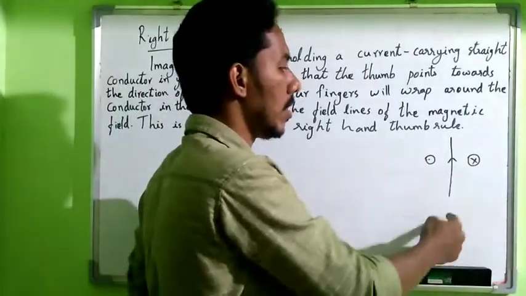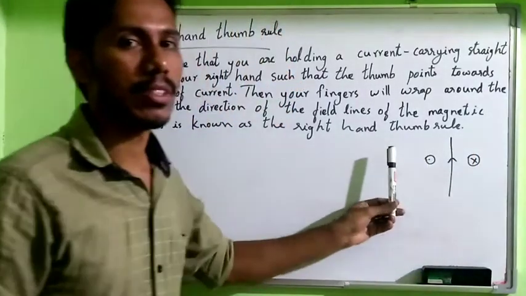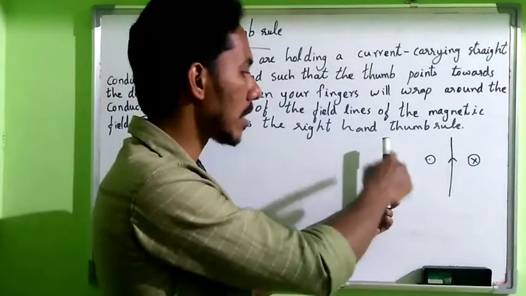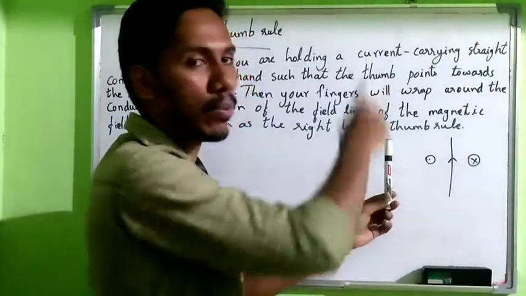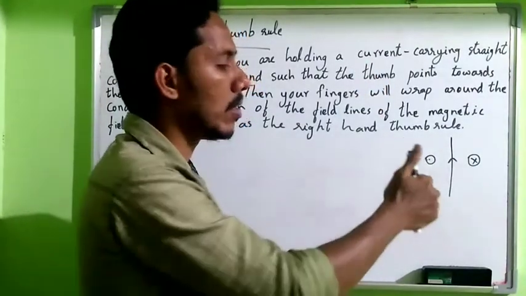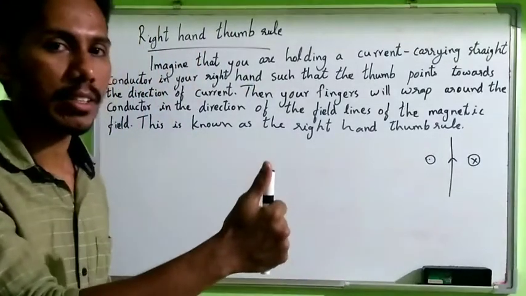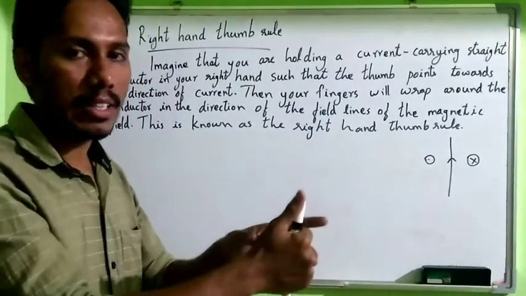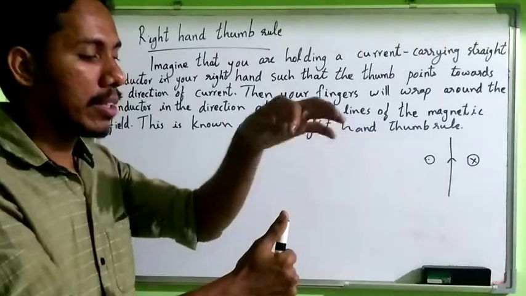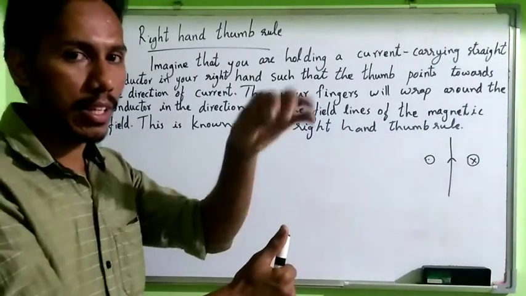Here in this figure, this is the straight line, this is the conductor, and the direction of current is upward. So I hold this current carrying conductor with my right hand, pointing the thumb towards the direction of the current.